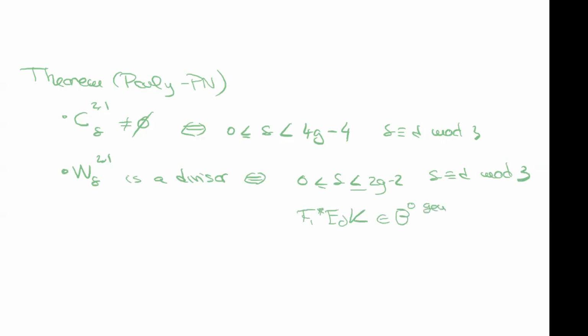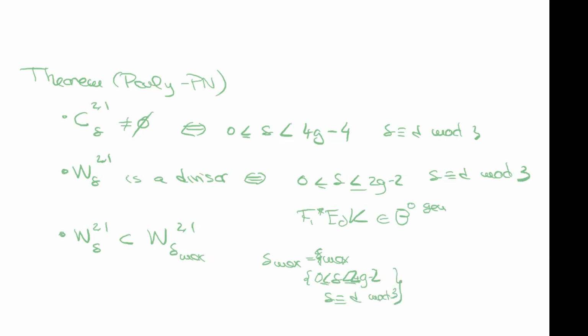And finally, we prove as well that if the wobbly locus is not a divisor, then it is contained inside another wobbly locus. So this is the maximum of 0 and delta, such that delta is congruent to D mod 3.